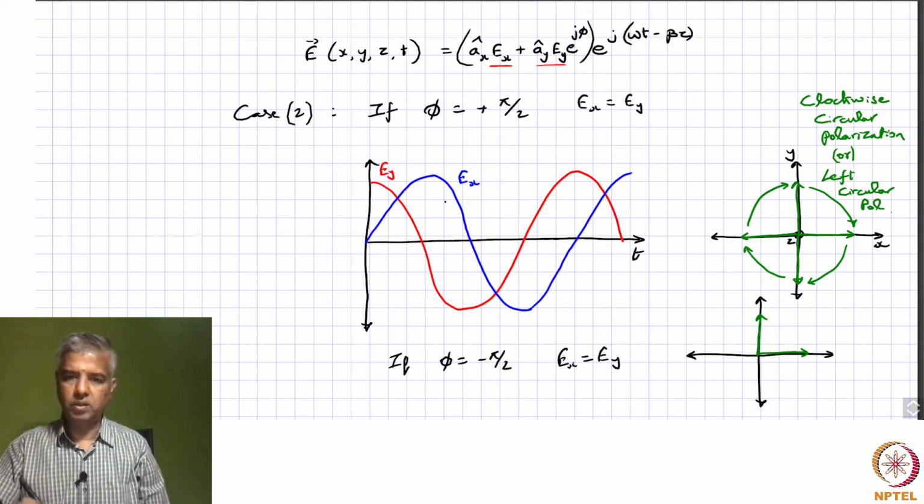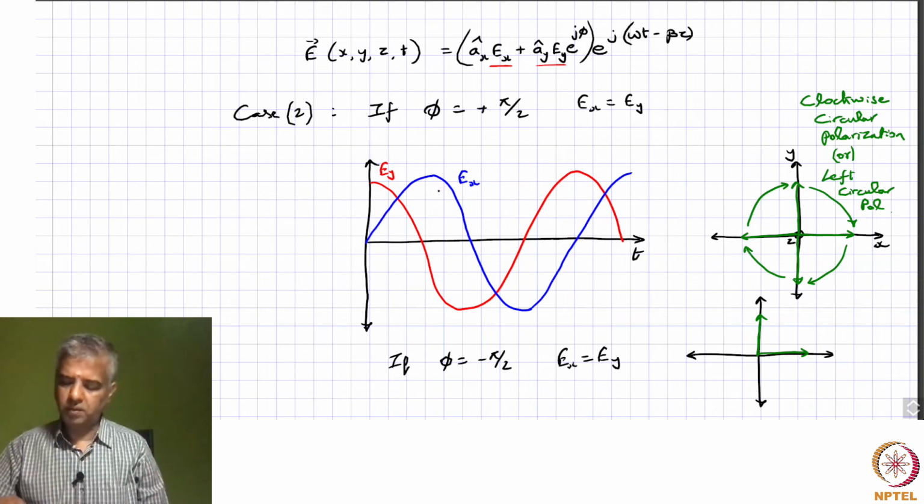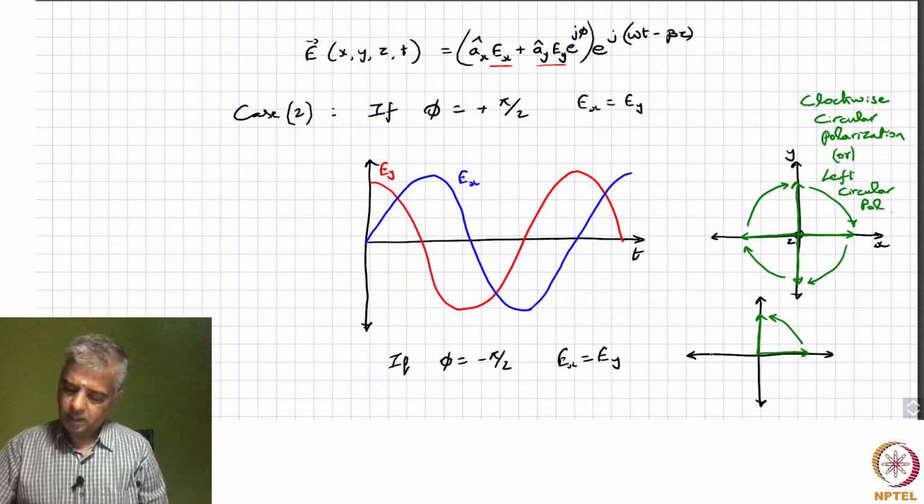So, Ex would replace the blue curve, Ey would replace the blue curve here, and so it goes like this, and then it goes like this, and then it goes like this.